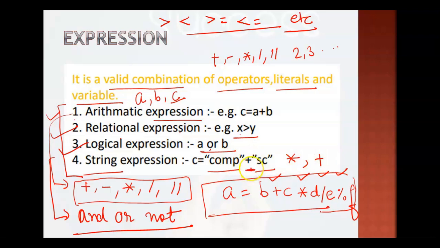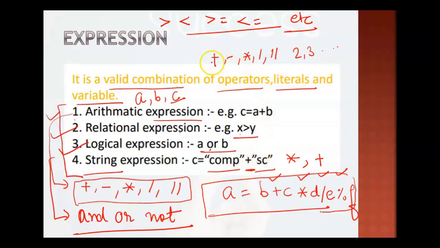Please don't get confused by this plus sign. Again, I am saying, please don't get confused. Proper understanding of the operators is very, very important for this expression topic. Plus, if you are using it with string values, is considered a concatenation operator.